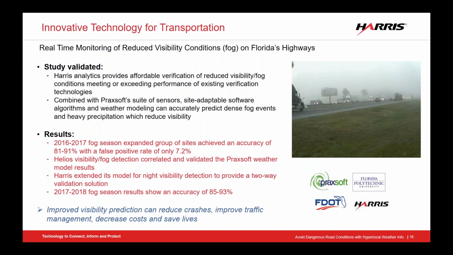And we saw that Praxsoft with Harris, combined with Praxsoft's suite of sensors and their site-adaptable software algorithms, meaning a set of algorithms that can be adapted for specific locations that may be difficult, and their weather modeling, show great possibilities for predicting dense fog events and heavy precipitation.